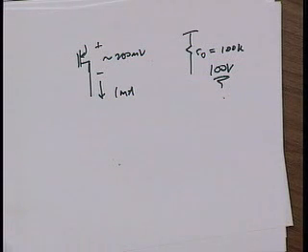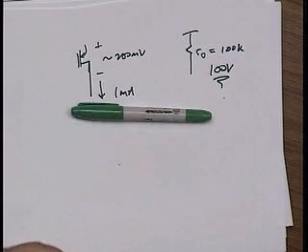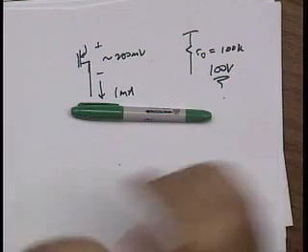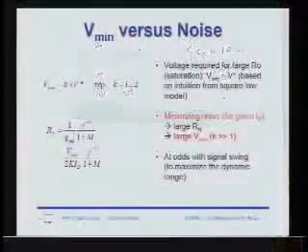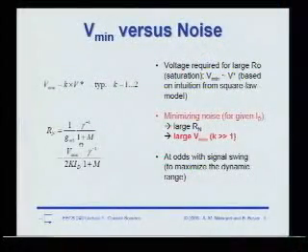What's kind of cute here is you can take this expression for Rin and rewrite it in terms of Vmin. Rin is proportional to 1 over Gm, and Gm is basically given by 2ID over V star. If I substitute here, you can see that Rin is proportional to Vmin, because Vmin is also proportional to V star.